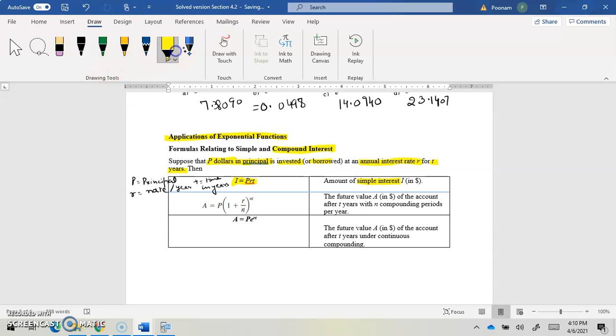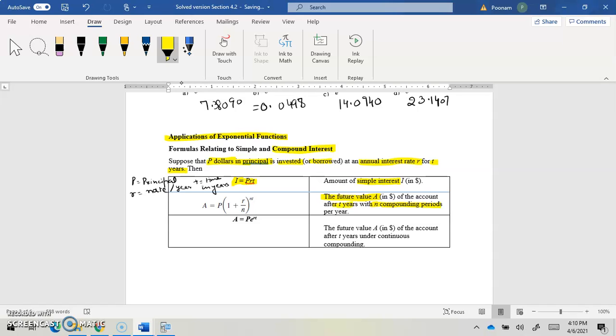If we are talking about the compound interest problem, then the final future amount A is equal to P times 1 plus R by N raised to power NT. N is the compounding number of periods per year. T is the number of years we are having.